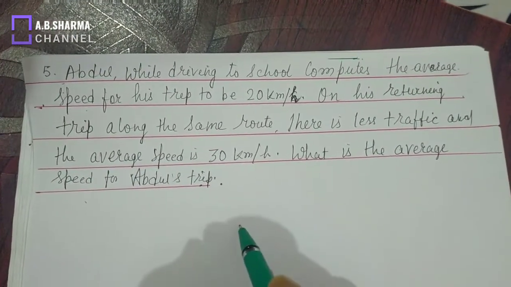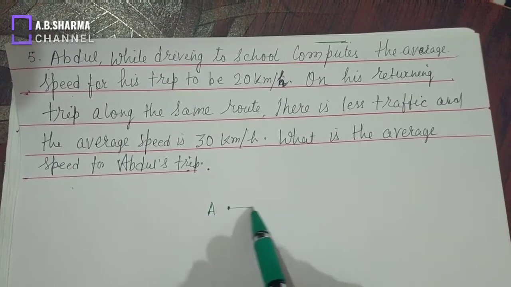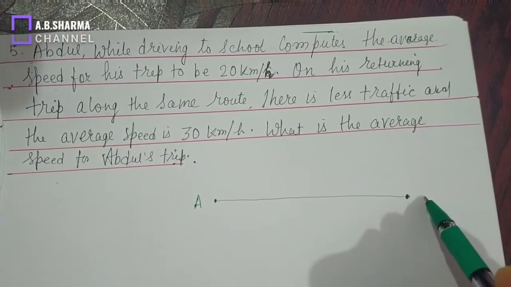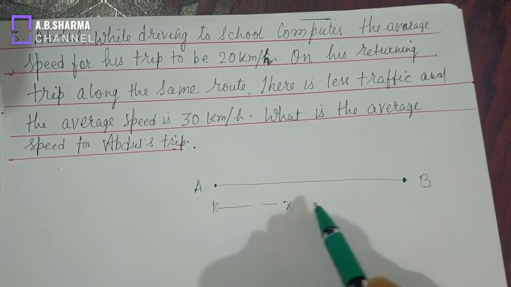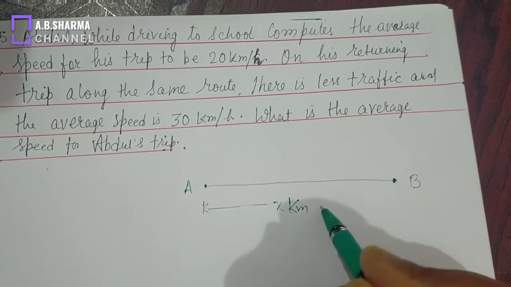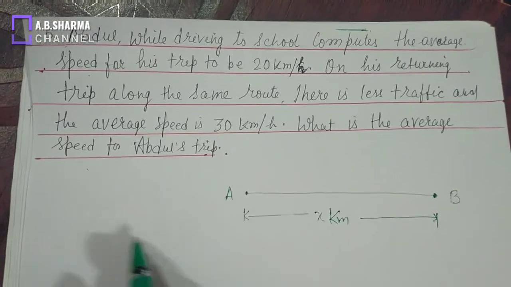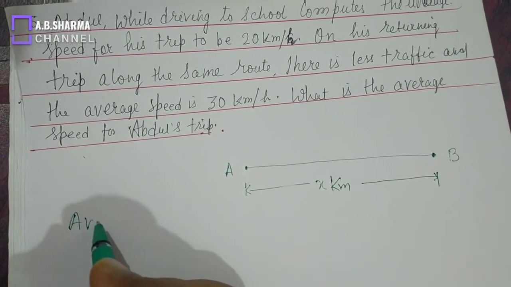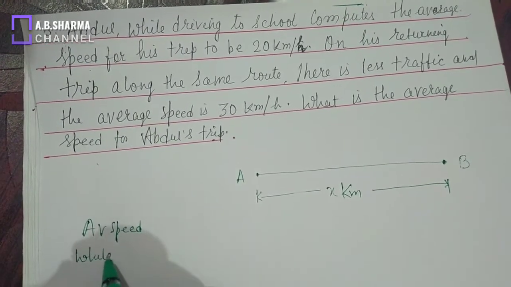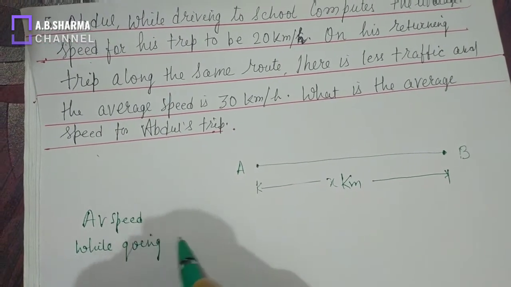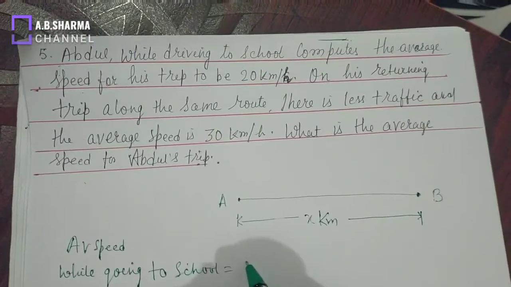So let A be the point of Abdul's home and B the point of the school, and this is the distance. Let the distance from point A to B be x kilometer. Now while going to school, his average speed equals 20 km per hour.